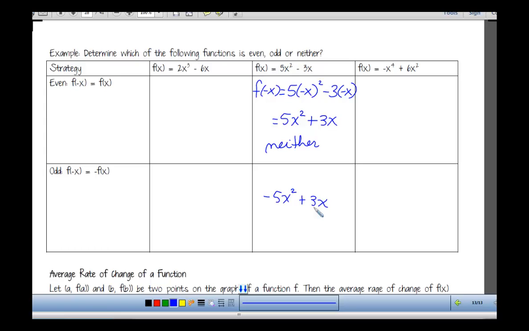Well, no, negative x times negative x is x squared. Negative times negative is positive. So it was gone away. This would have yielded odd, but we didn't get that either, so it's neither. All right, why don't you try to evaluate the last one on your own?